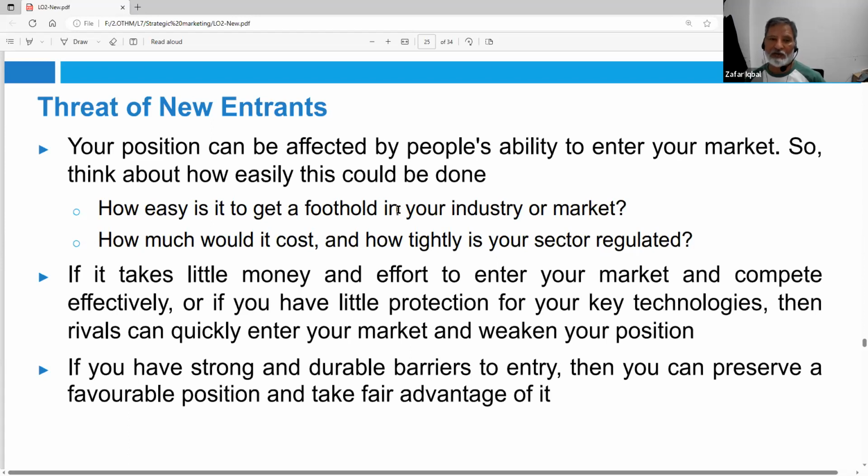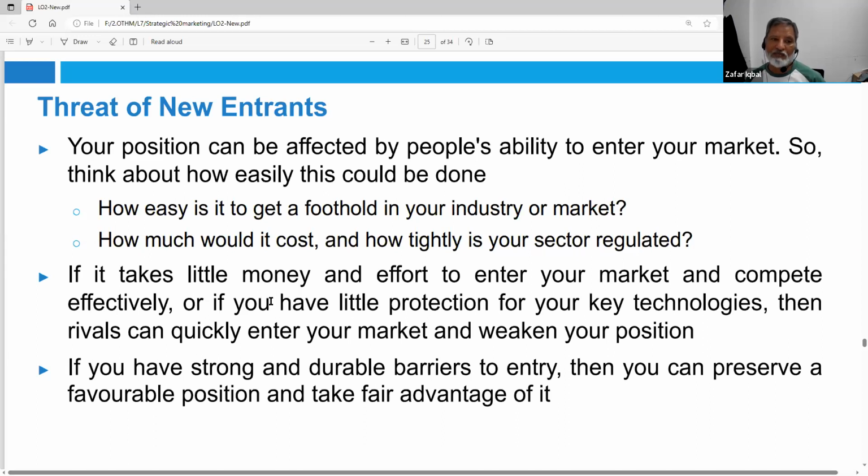Therefore, it's very difficult for newer entrants to enter the market. They are tightly controlled. They are very regulated. This is because of the high cost, because of the high training, because of research and development, because of the close-knit organization, and barriers to entry are very high.